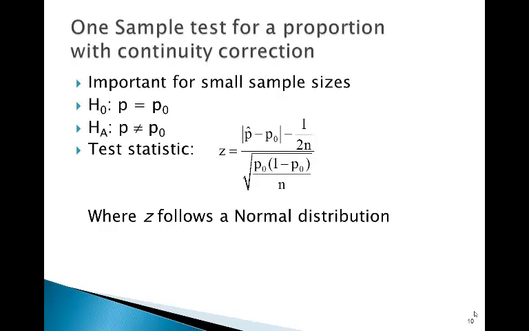If we have a small sample size, we can use a continuity correction here, just as we did with the chi-squared test, and that is demonstrated in the formula here. Unfortunately, for one sample test, there's no procedure in SPSS that does the one sample test, and that's probably because they're not very common. So if we wanted to do a one sample test for proportion, then you would need to calculate that by hand.